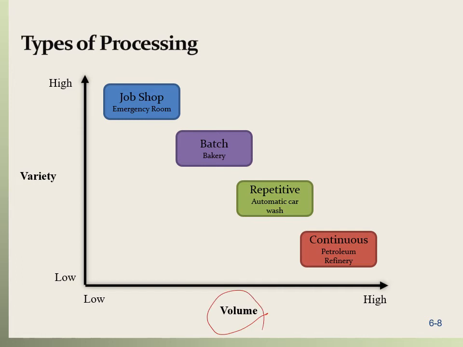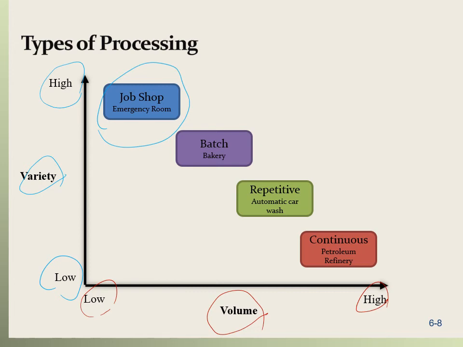The volume on the x-axis from low to high, and on the y-axis, we have the variety from low to high. As you see here, job shop has the highest variety. On the other hand, it has the lowest volume capability.